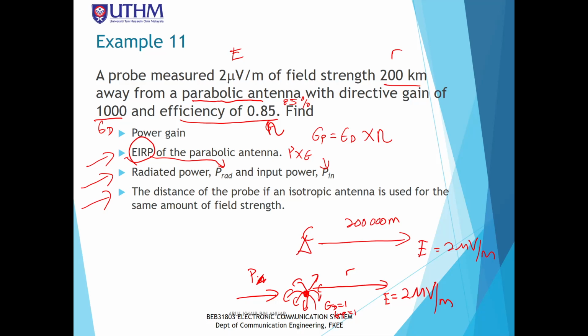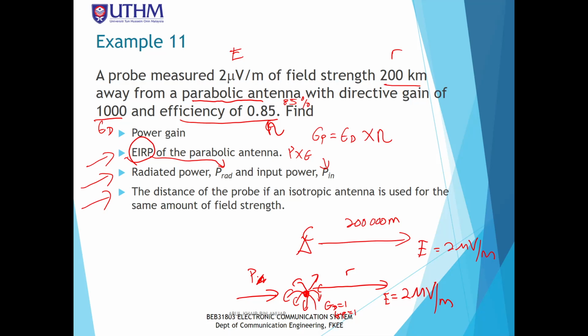Because a parabolic antenna radiates the signal at a specific angle. Kalau kita menggunakan parabolic antenna, it will radiate the signal at specific angle. So the strength is more focused compared to the isotropic where it radiates in all directions.